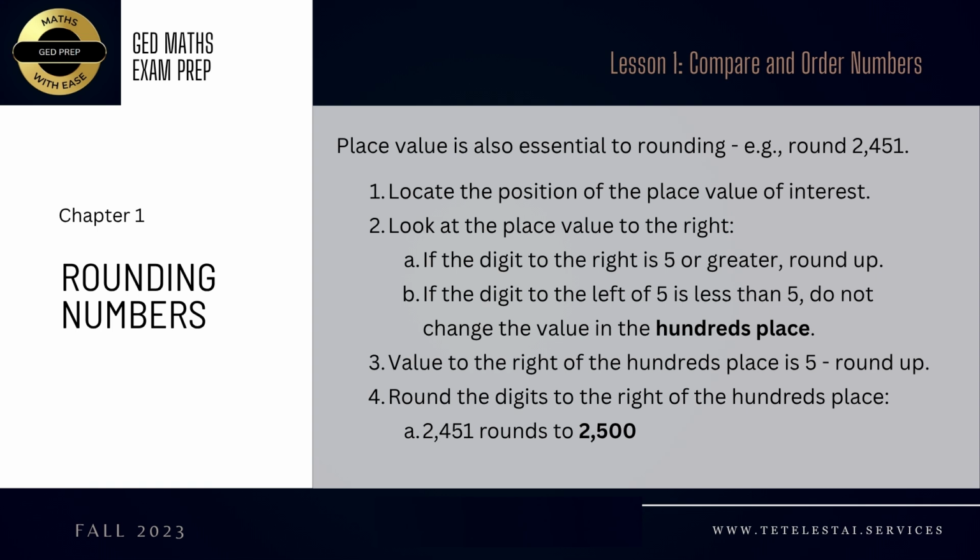Perfect. And so the person who created the test is saying, hey, friends, we need you to round 2,451, right? And so what you want to do, since there's no number greater than 2,000 in this group, the next number you would look at is 4, right? Because it's in the hundreds place.